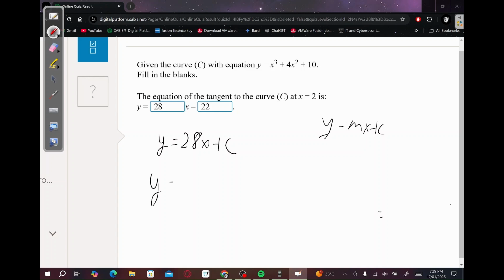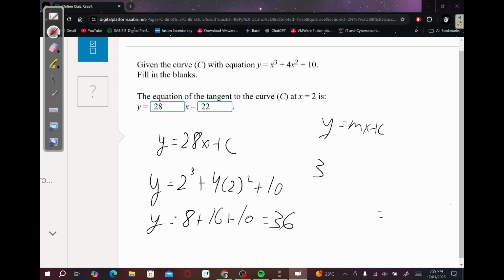So y equals 2 cubed plus 4 into 2 squared plus 10. y equals 8 plus 2 squared is 4, 16 plus 10. 8 plus 16 is 26, plus 10, 36. So 36 is equal to 28 into 2 plus c. This is the y equals mx plus c, by the way.